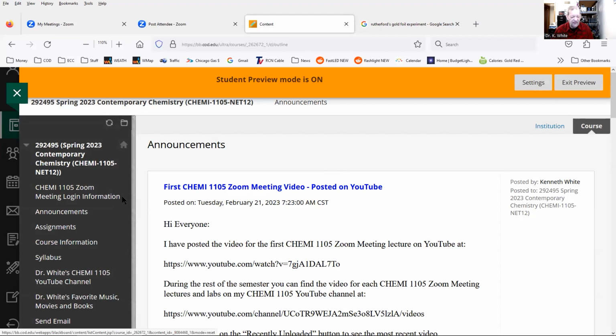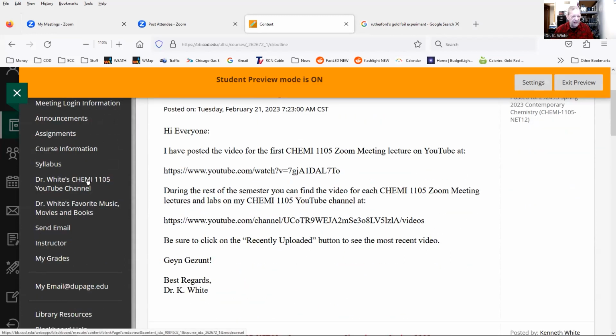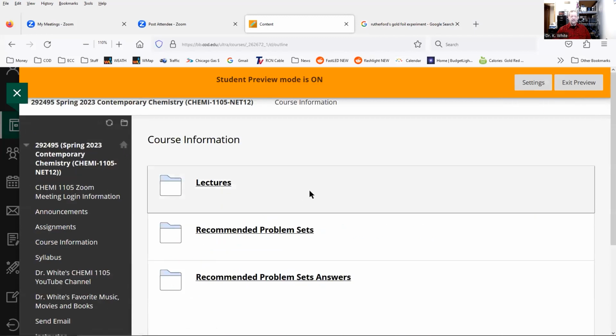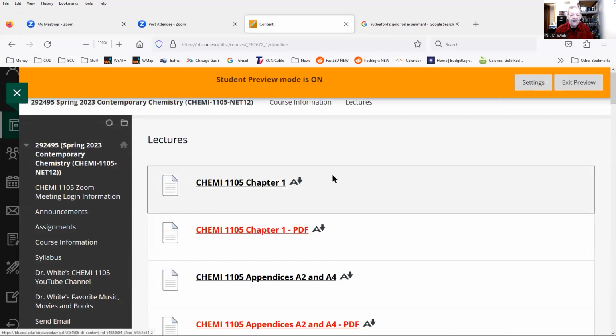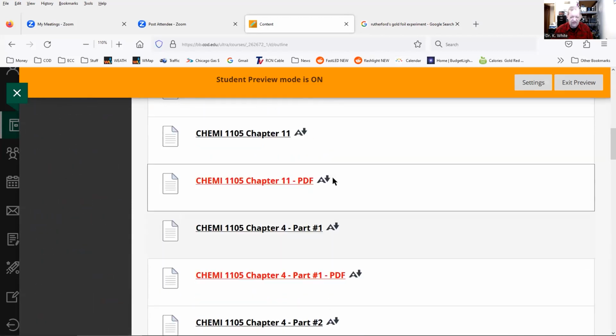On the left here, you'll see different things like announcements, assignments, course information, syllabus, etc. If you click on course information, you'll see right here 3 folders. The first folder, lectures, are all my lecture slides.